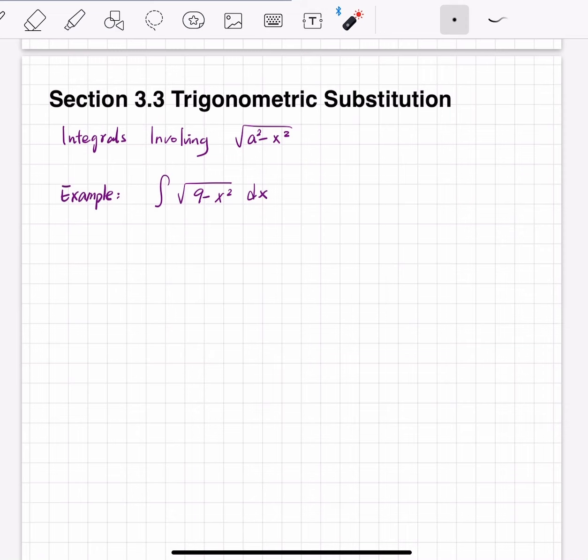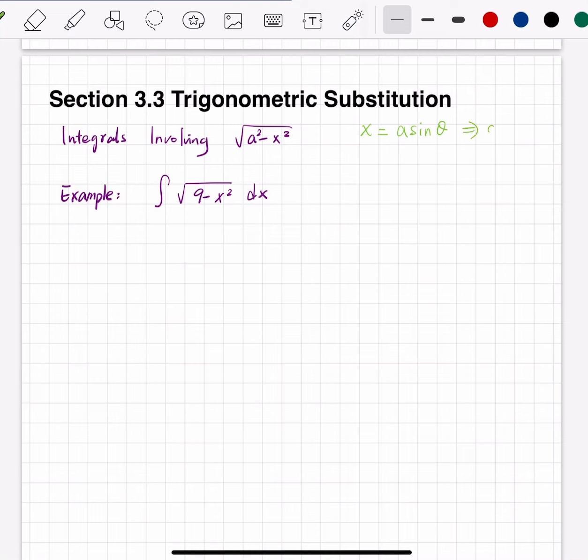The goal here is, using the identity, or actually not identity, we want to use the triangle. We want to set x equal to a sine of theta.